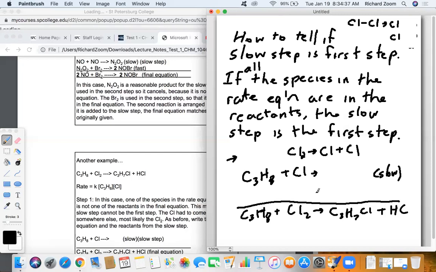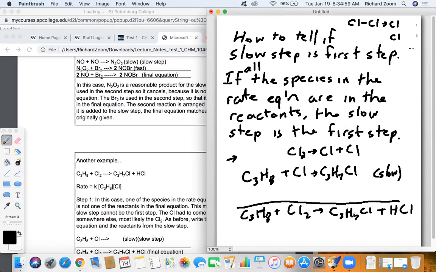Now in this instance, I could actually make C3H7Cl, or I could make HCl. I could go either way with that, but I'm going to go with making the C3H7Cl. So I'll go ahead and do that.